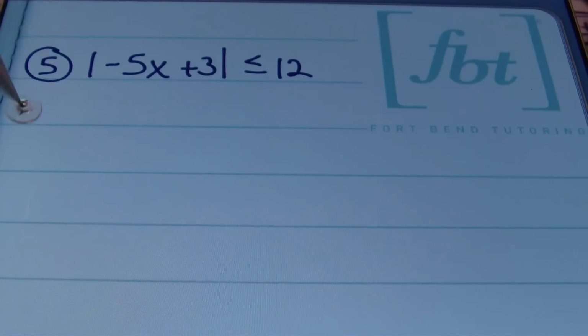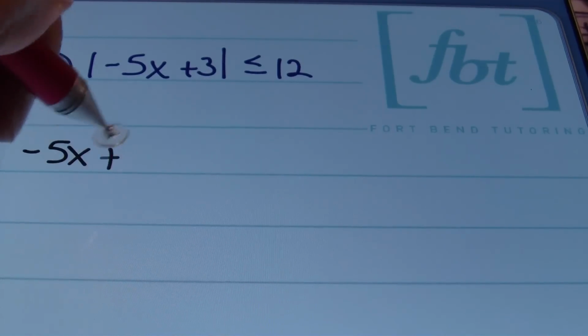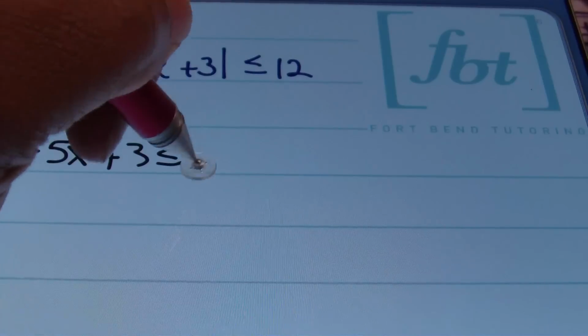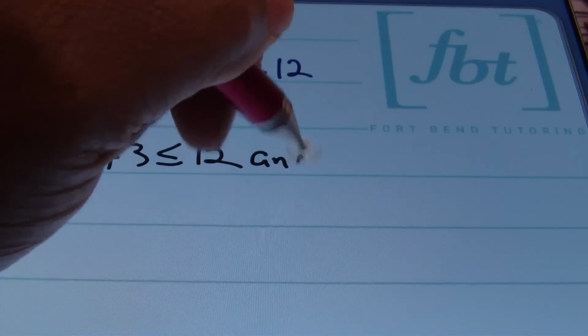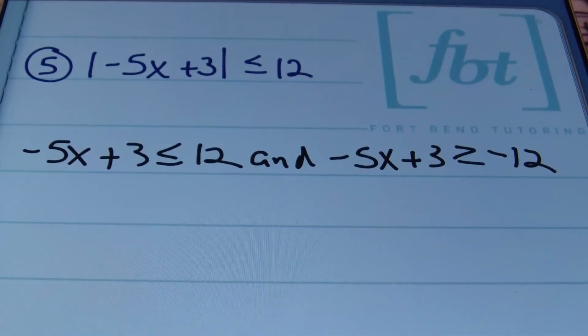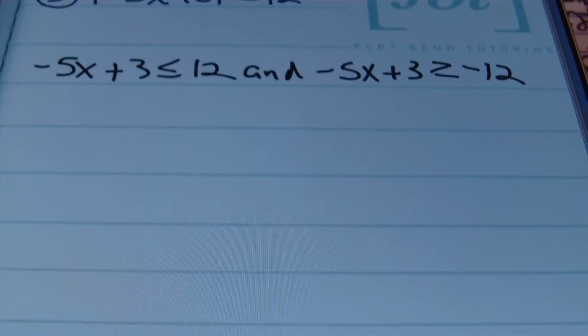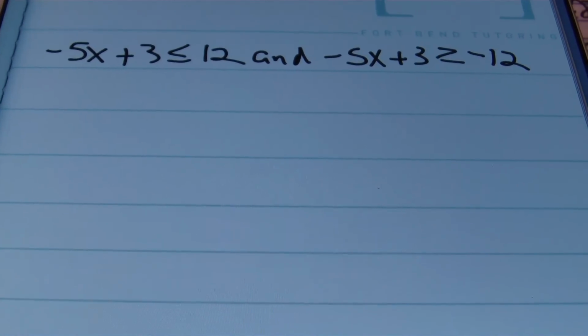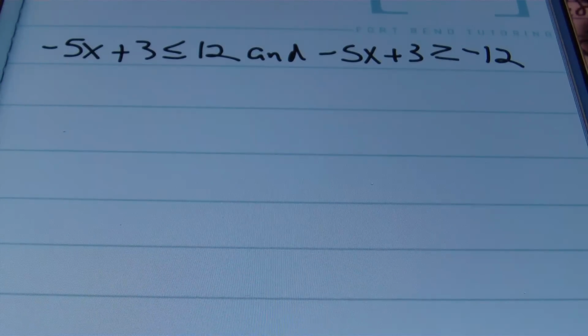So we'll set it up as negative 5x plus 3 is less than or equal to 12, and we'll have negative 5x plus 3 is greater than or equal to negative 12. All right, so those are our two inequalities that we need to solve for this problem. So let's begin.